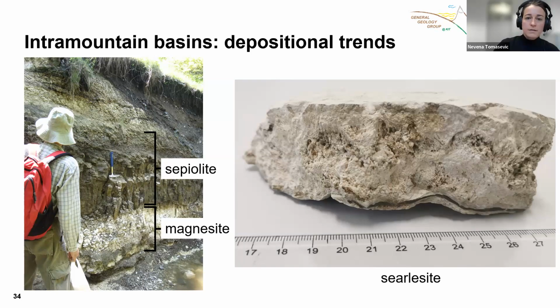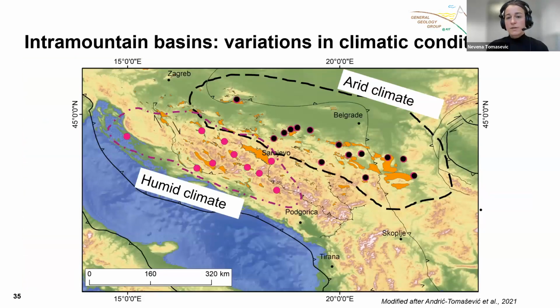And these contrasting depositional environments in these two basin systems tell us that probably these two basin systems developed in contrasting climatic conditions. For example, basins in the internal part of the Dinarides likely developed in more arid climatic conditions, while basins in the external part of the Dinarides likely developed in more humid climatic conditions.